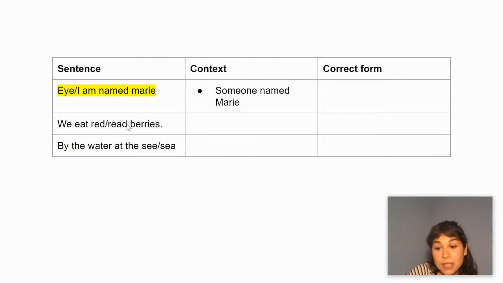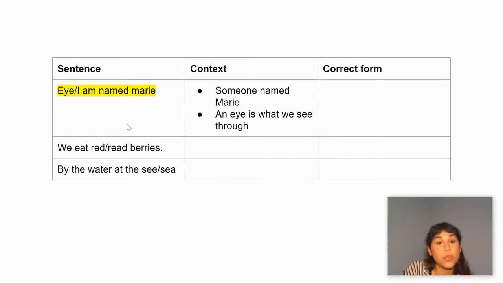Great. In this sentence, someone is named Marie. So we know that there is a person whose name is Marie. This is important context, which is going to help us to determine the right word that belongs. Yes, more context is through the words that are given to us, the options.